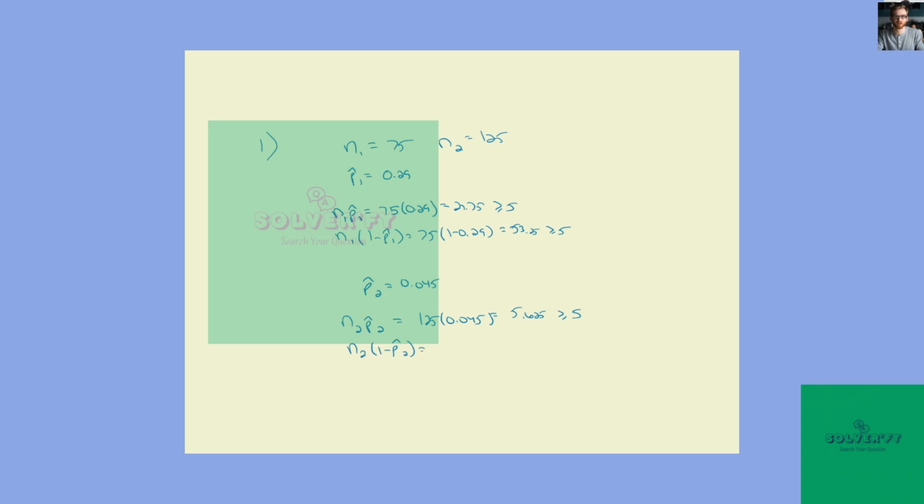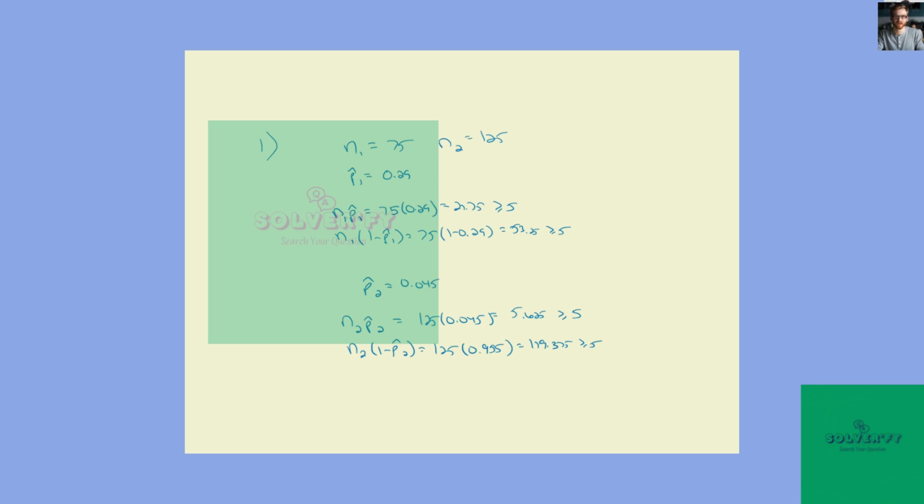And the number of failures is 119.375, which is greater than or equal to 5.